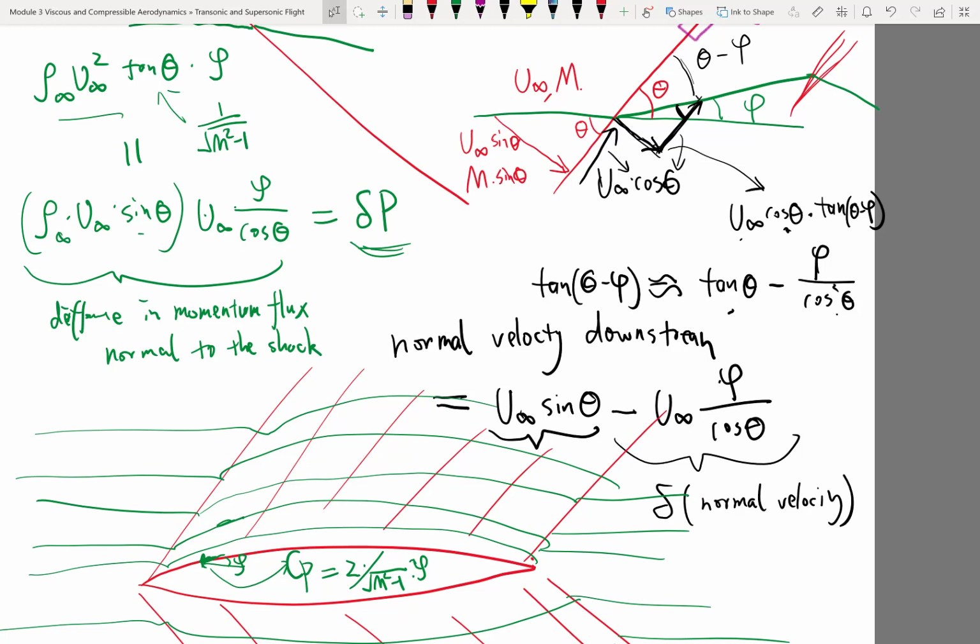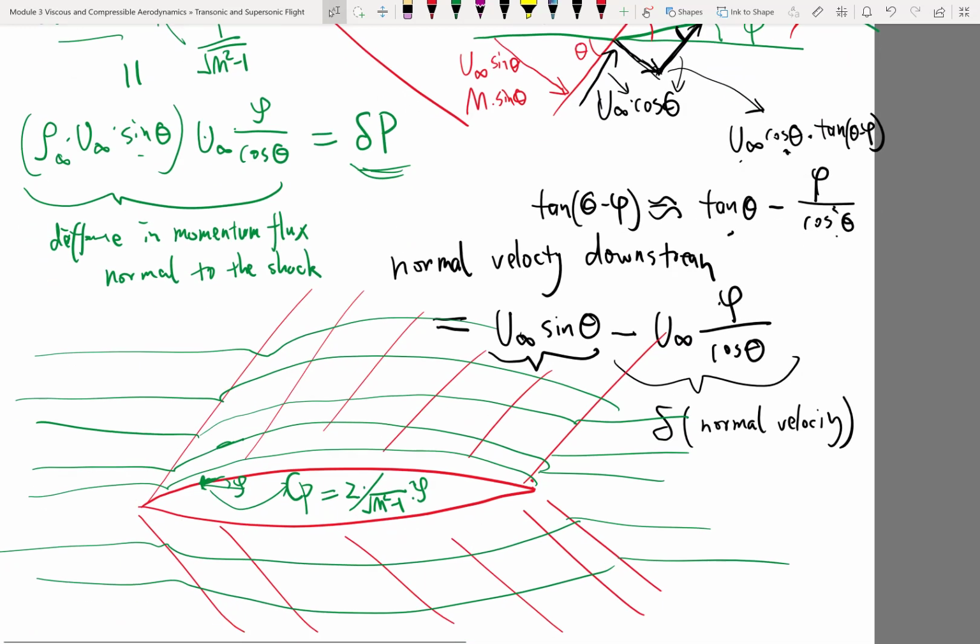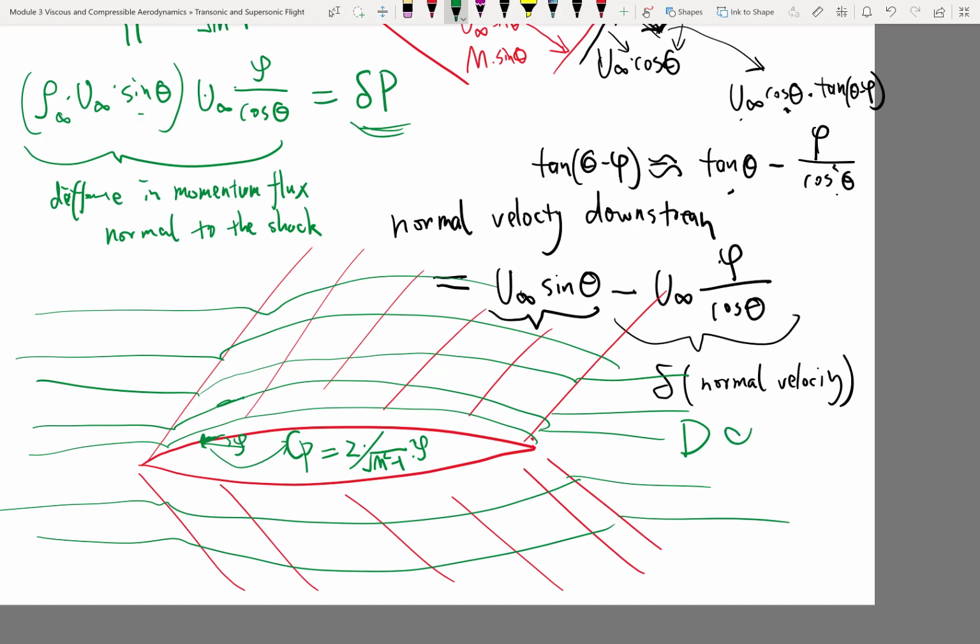So the component in the drag direction has to be multiplied by another angle. So the total drag is proportional to the difference in pressure times the angle again, and the difference in pressure is proportional to the angle, right? So basically the total drag is going to be proportional to the square of the angle, which is going to be the square of the thickness to chord ratio. All right, so basically the total drag is proportional to the square of the thickness to chord ratio.